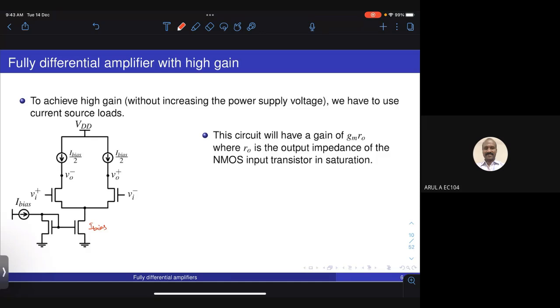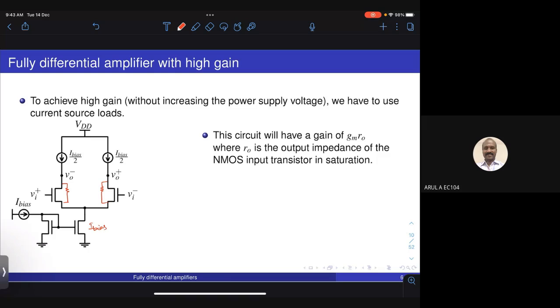The gain will now depend on the output impedance of these two transistors in saturation and the output impedance of the current source. If I assume an ideal current source, the output impedance is infinite.